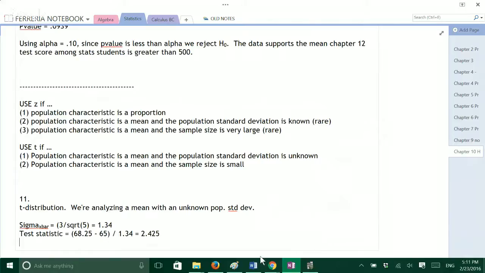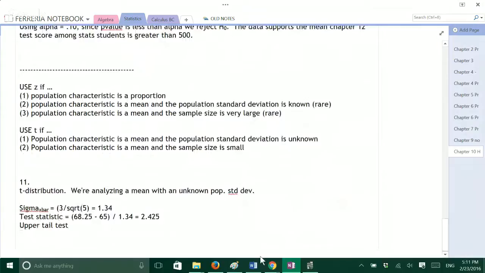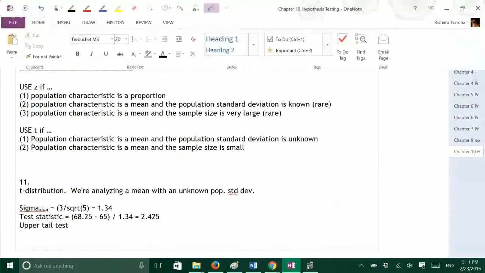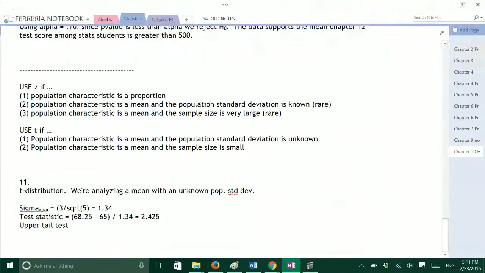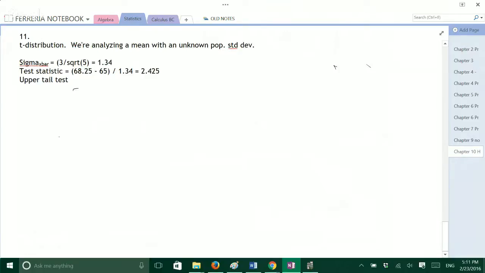This next thing is the rejection region and the conclusion. Since we have an upper tail test, we're looking at a normal curve here.